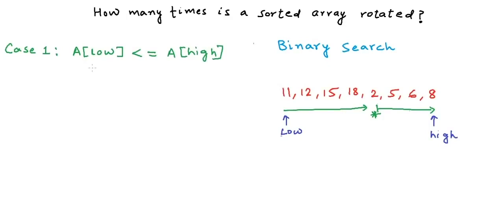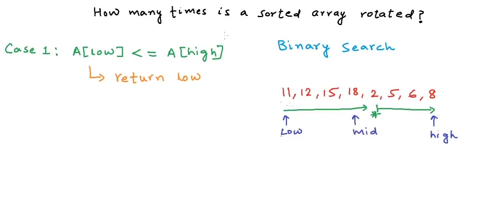If the segment is already sorted, the minimum element in the segment, and that's what we are finding out, the minimum element in the array, and if we can find out the minimum element in the segment, that will be the minimum element in the array as well. So we will simply return the index low because the array is already sorted, so the element at lower index is the minimum. Now if the segment is not sorted, we calculate the middle index.